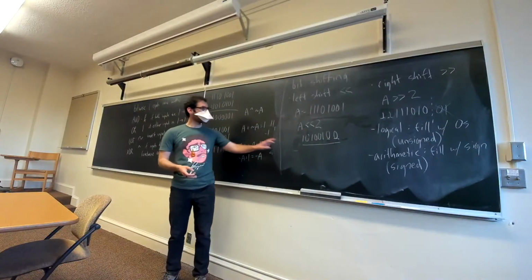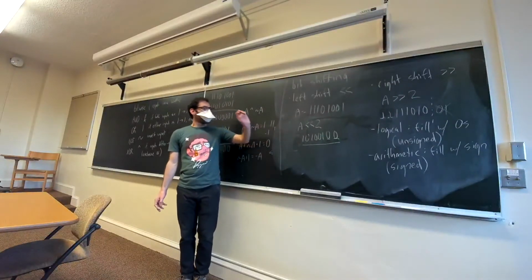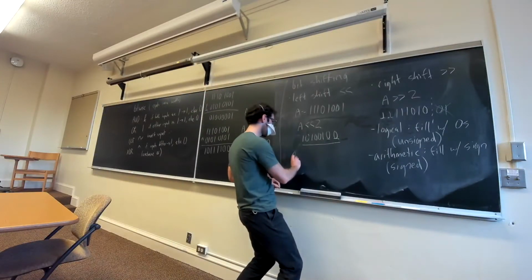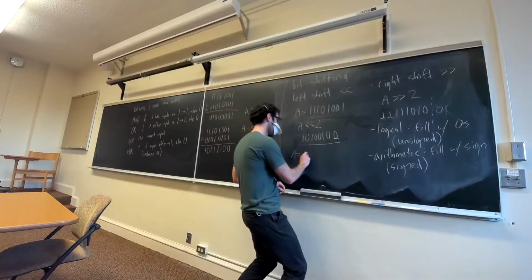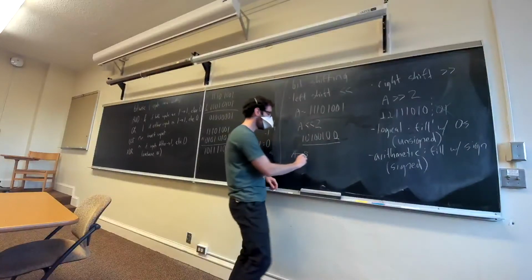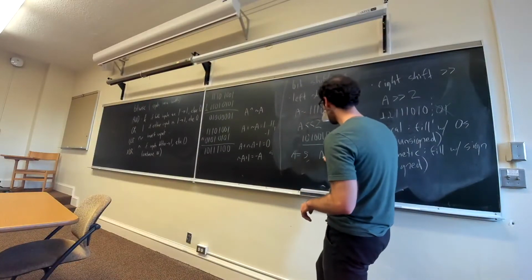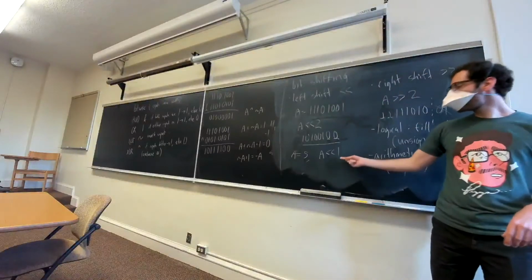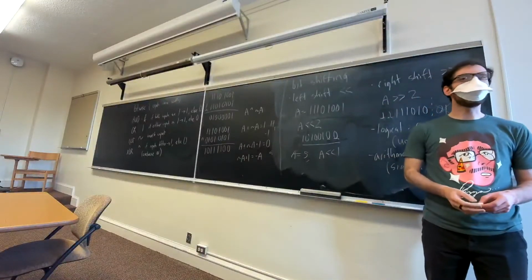Can anyone think of what it does? Let's say I have a equals 5, and then I do a left shift 1. What does that do to the value of a?